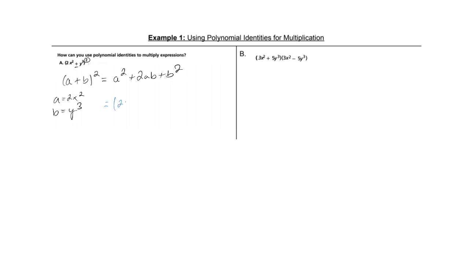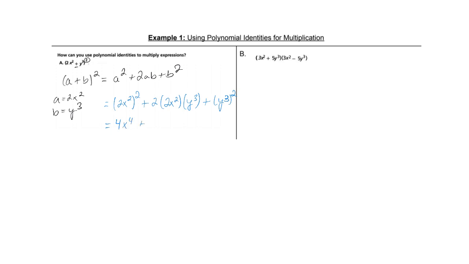All right, so we get (2x squared) squared plus 2 times 2x squared times y cubed plus (y cubed) squared. All right, so we square each of these. So 2 squared is 4. X squared squared is x to the 4th.